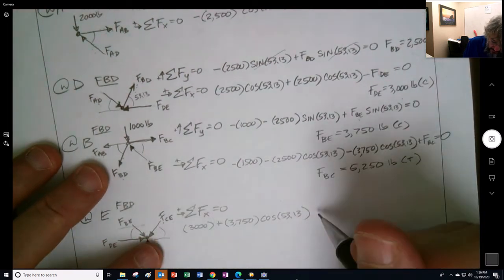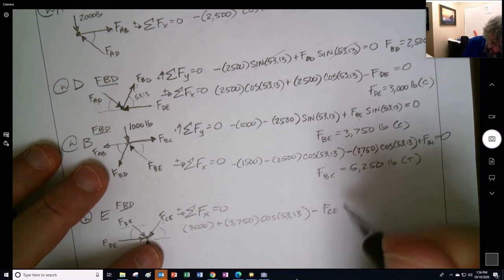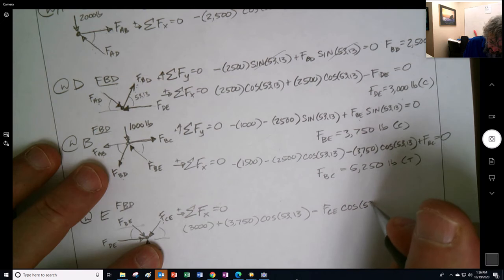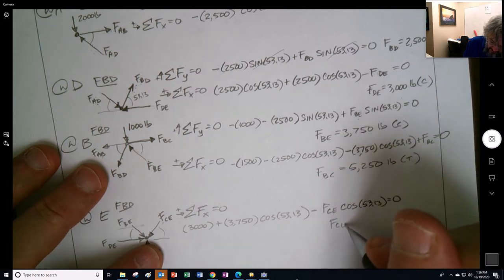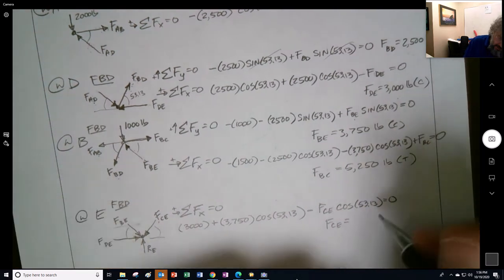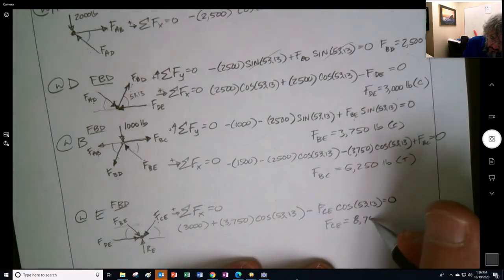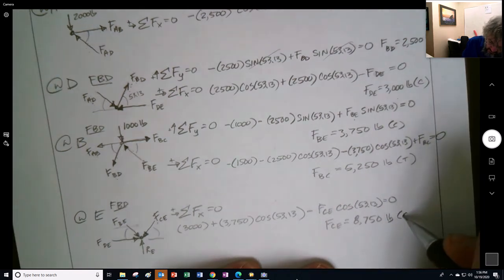And then the only thing left is what we're trying to find, that's FCE. And that's going to be times the cosine of 53.13. And we will find that FCE from this is going to be 8,750 pounds. And again, that's compression.